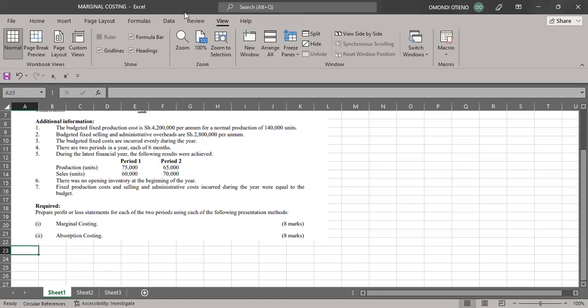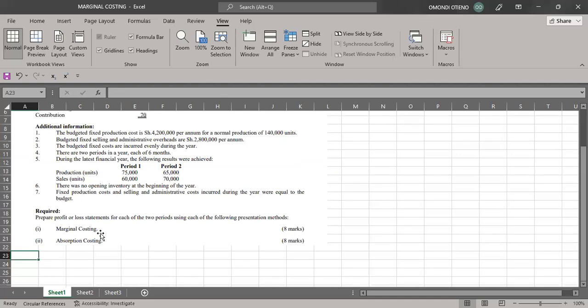So how do we come up with a reconciliation statement? That's what we want to do here. And if time allows, we'll prepare a reconciliation statement to reconcile our profit as per marginal and also profit as per absorption costing.